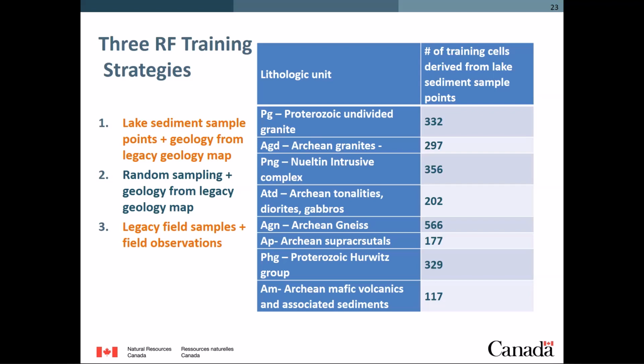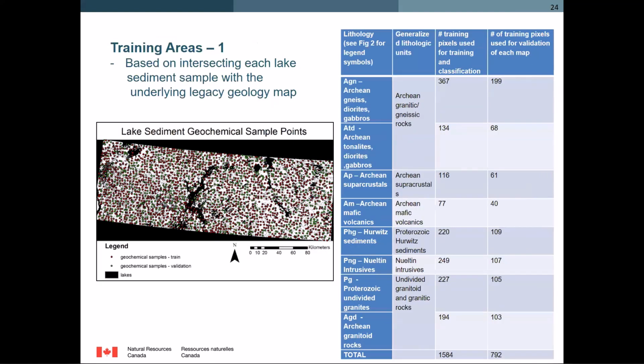Here's our targets. In this case, it's bedrock geology, and this is the number of points we had for each training area for this exercise. The first area, okay, is looking at the lake sediment geochemical points. Now you see red and green here.